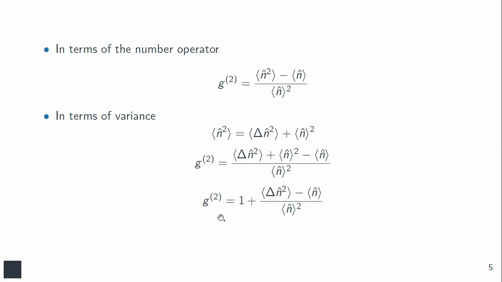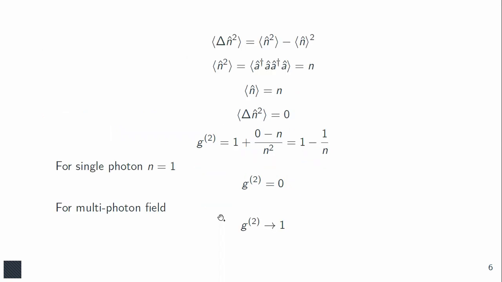Let's see an example describing the calculation of the correlation function for a particular quantum state. We know that the variance could be calculated as the expectation value of the square of the number operator minus the square of the average value of the number operator.